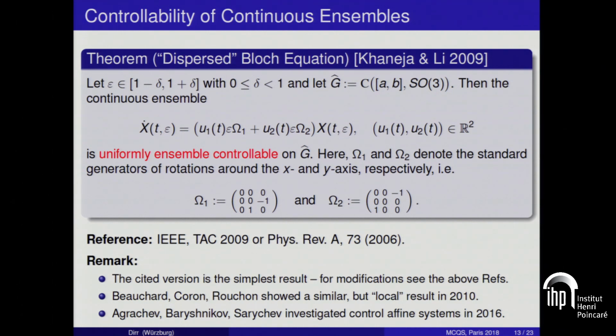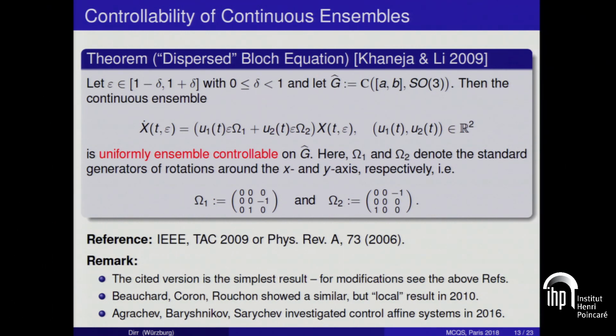And there's another result by Pierre-Michel Courant and Karine Beauchard. They proved also kind of ensemble controllability, but here in this work I think it's only a local result, and it's not with respect to uniform, it's with respect to L2, as far as I remember.